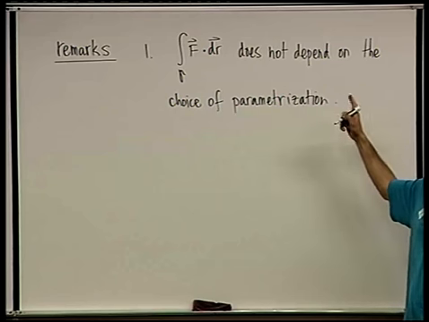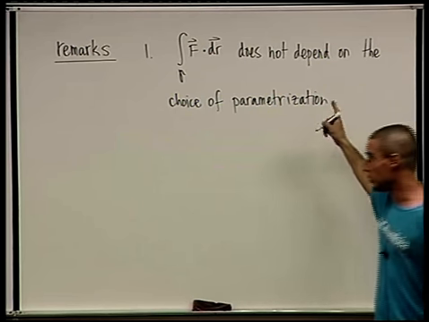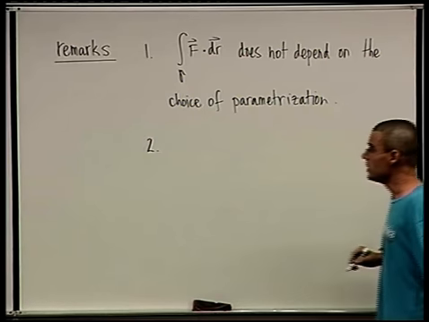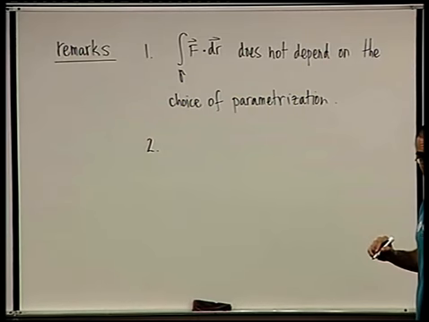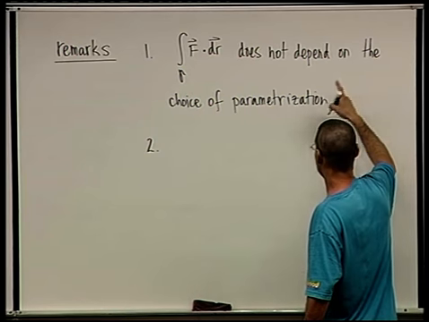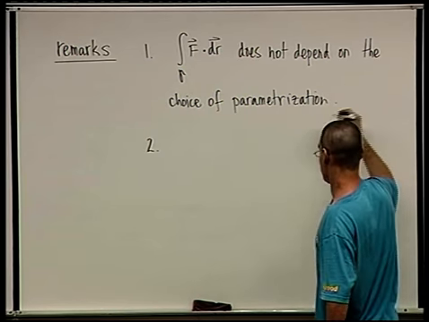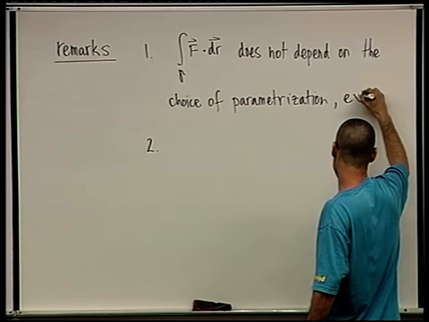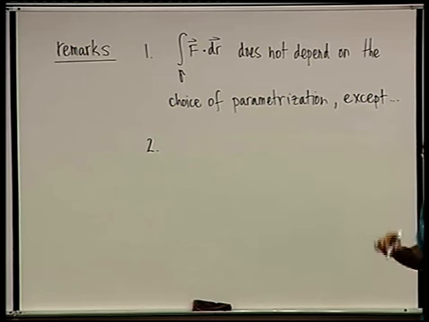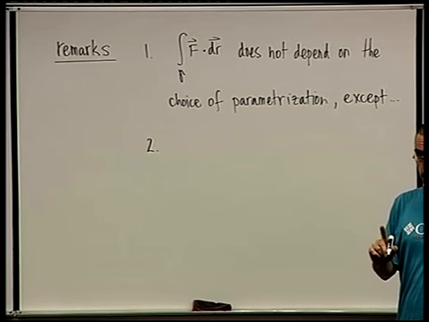This is almost accurate. It's not entirely accurate, and making it accurate is the next remark. So let's write, does not depend on the choice of parametrization, except it does depend on direction.